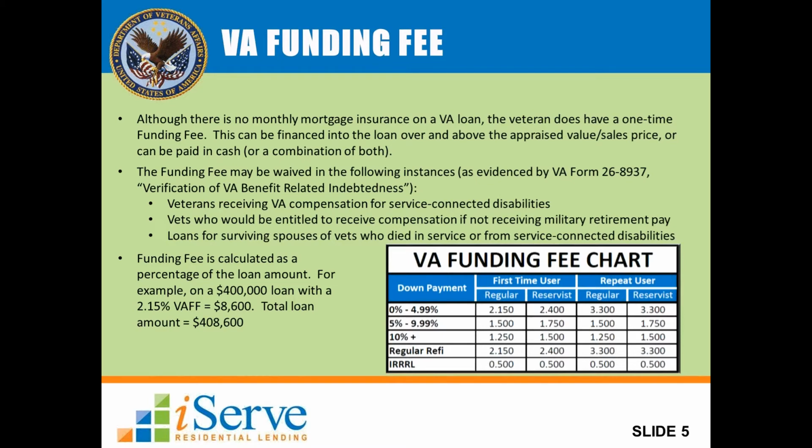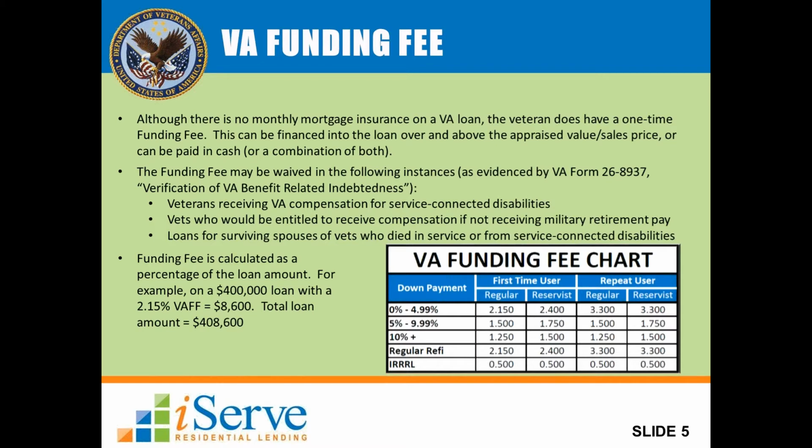Nice thing about a VA is in most cases it can be financed into the loan above and beyond 100% of the sales price. So for example, borrower does a $300,000 loan, $300,000 sales price, they can add that VA funding fee to that total loan amount. So it can be paid in cash, financed into the loan, or they can do a combination of both.